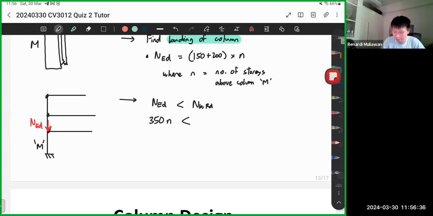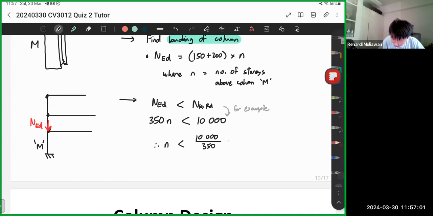Let's say, for example, the resistance is 10,000. Therefore, N must be less than 10,000 divided by 350. This is just an example.